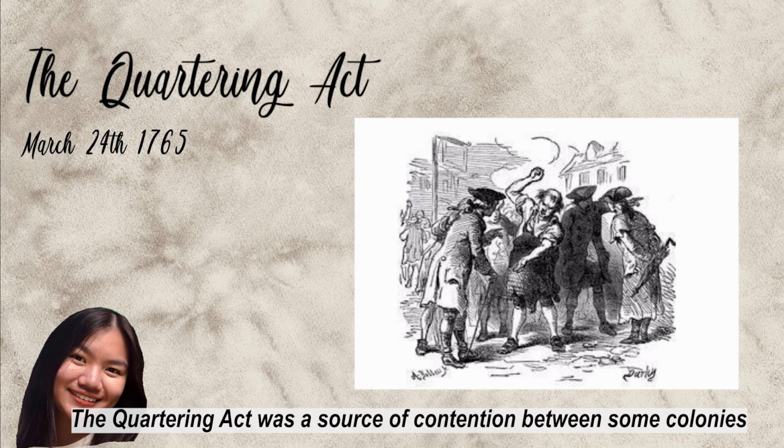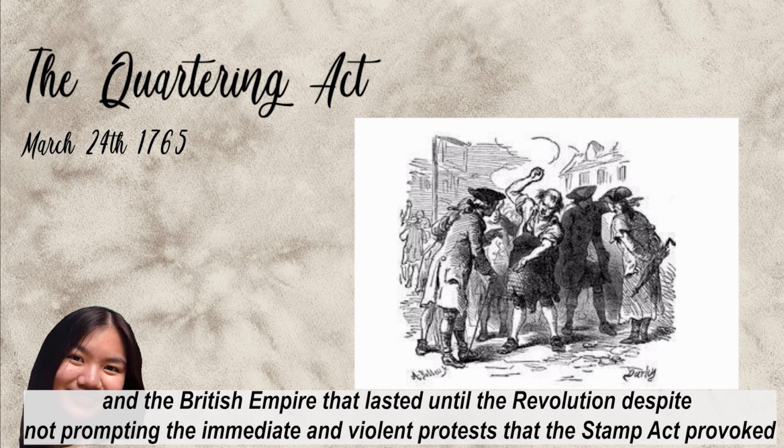The Quartering Act was a source of contention between some colonies and the British Empire that lasted until the Revolution, despite not prompting the immediate and violent protests that the Stamp Act provoked.